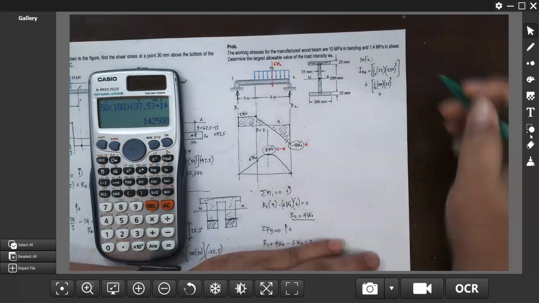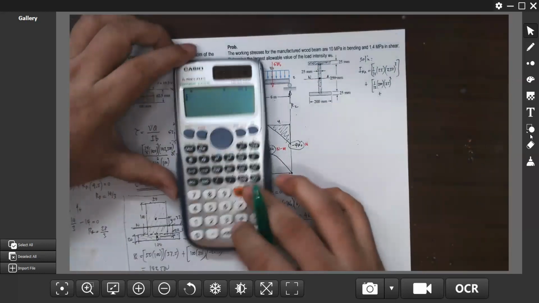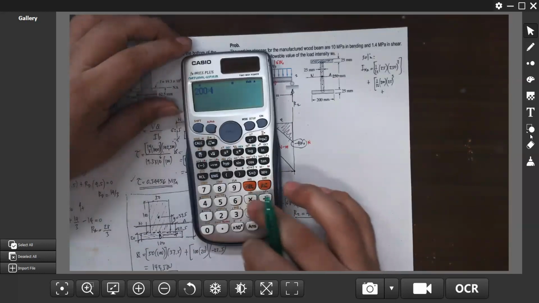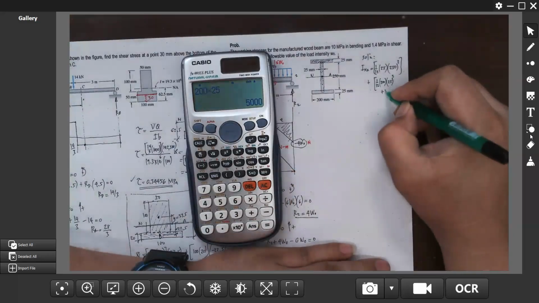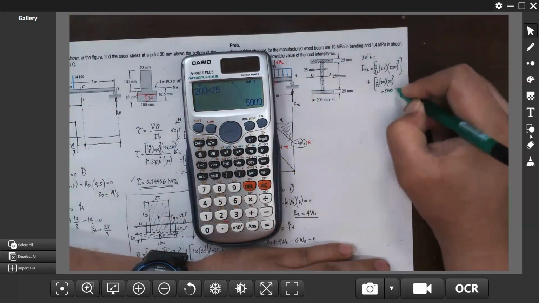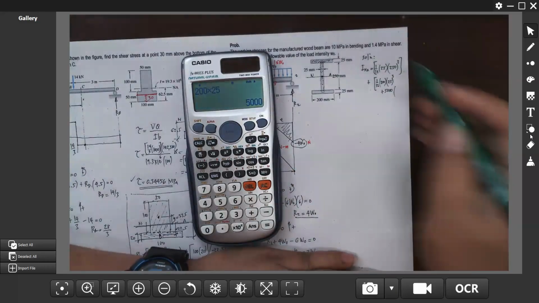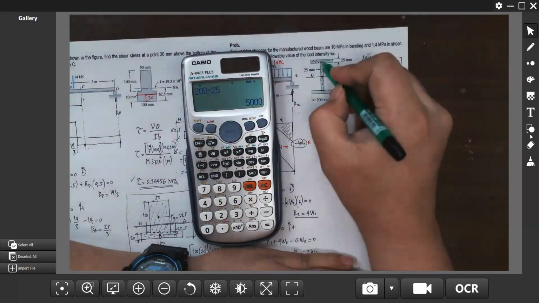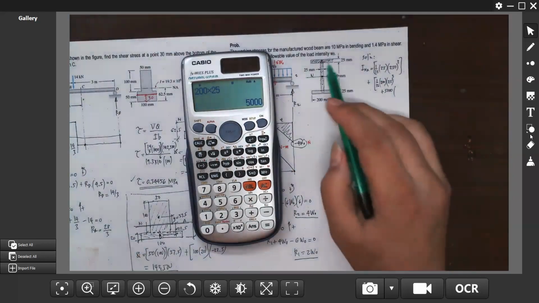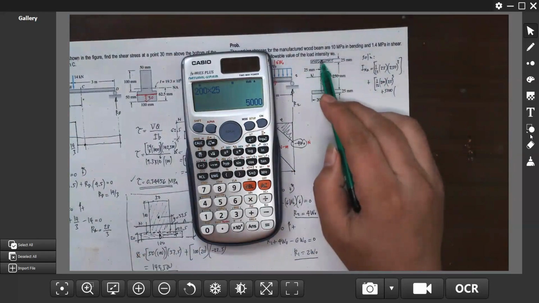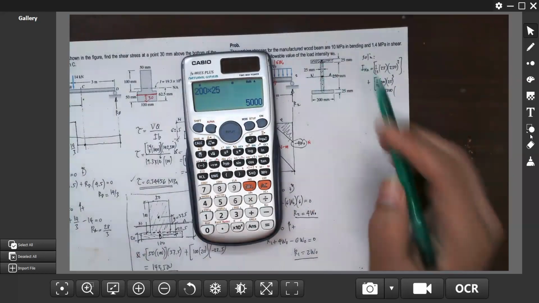Plus area: 200 times 25 is 5,000. What is the distance of this centroid to the neutral axis?